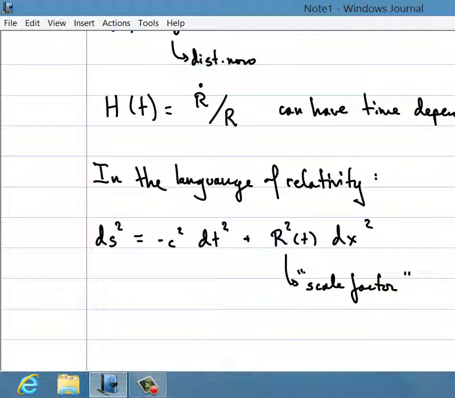It's telling us how the geometry of the universe is changing in time.